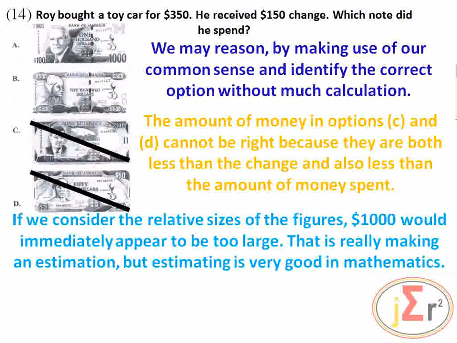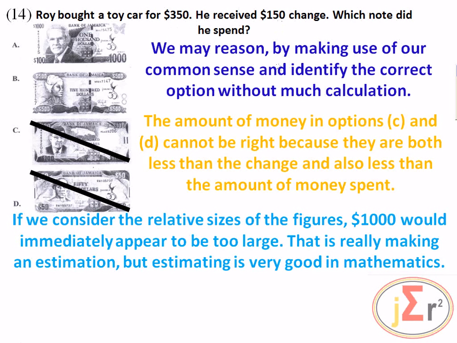If we consider the relative sizes of the figures, $1,000 would immediately appear to be too large. That is really making an estimation, but estimating is very good in mathematics. Now, if we are just dealing with $350 and $150, is it possible that that can jump all the way to $1,000?